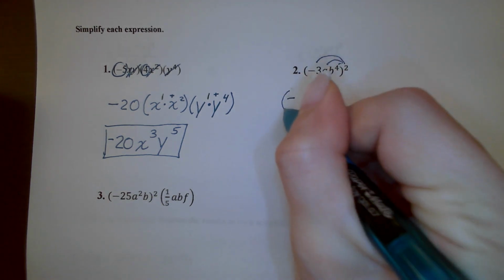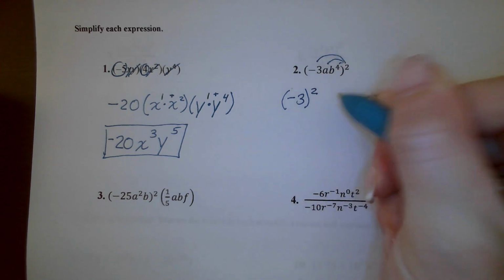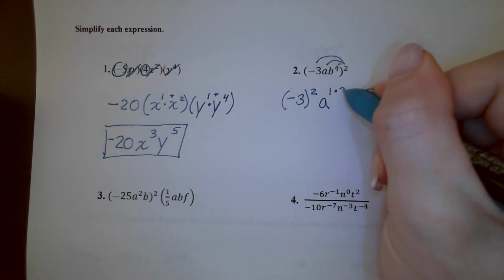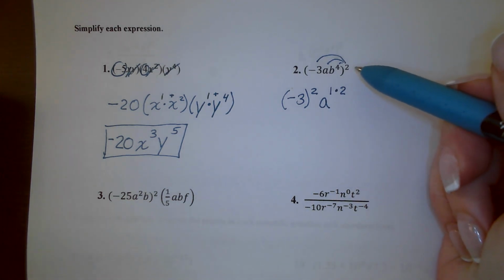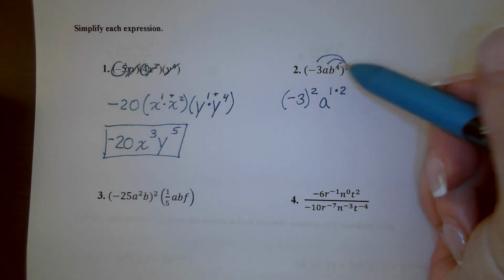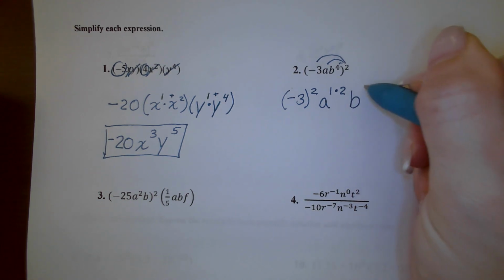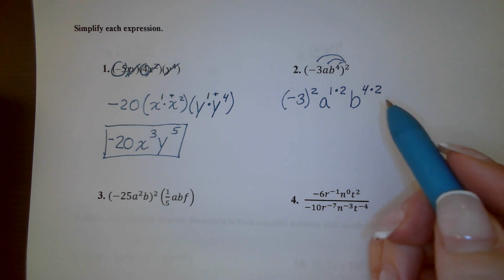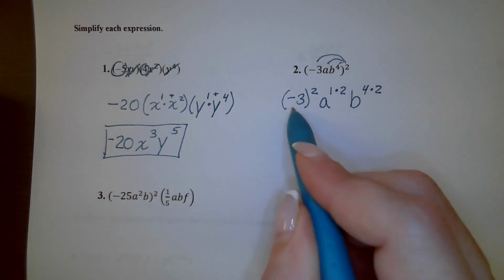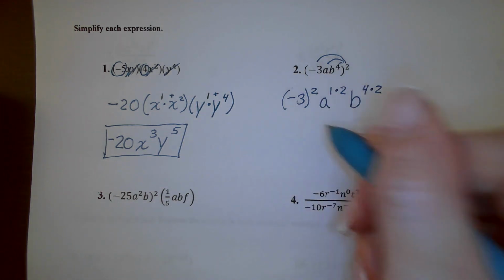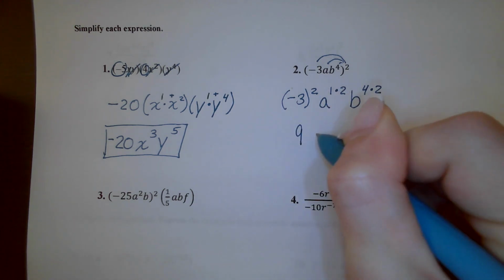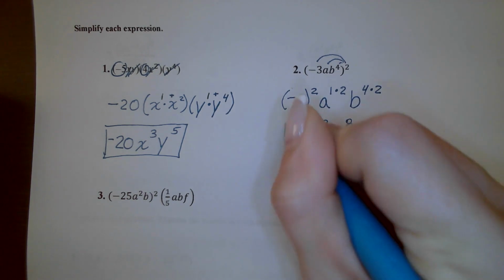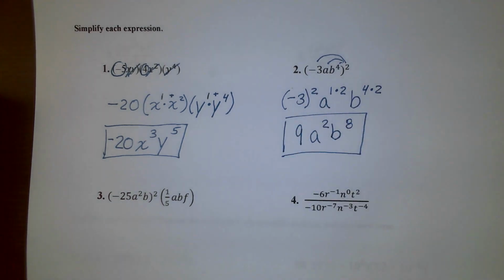So this would be negative 3 squared, a to the 1 times 2, because remember, if it's an exponent outside parentheses, we multiply, and b to the power of 4 times 2. Now, when we square a negative, the negatives cancel out, so this would be positive 9, a squared, b to the 8th.